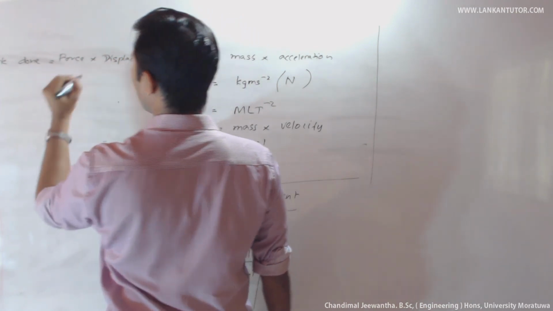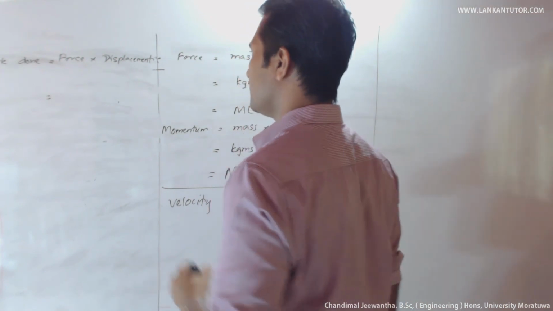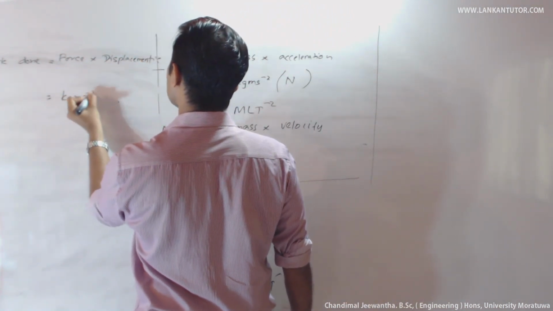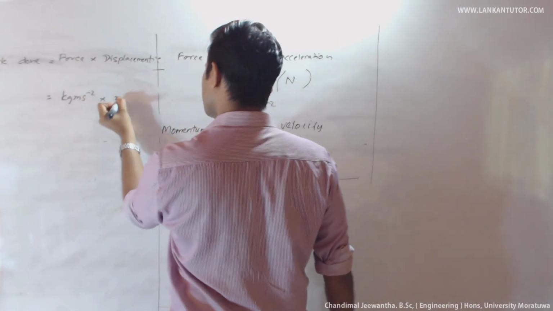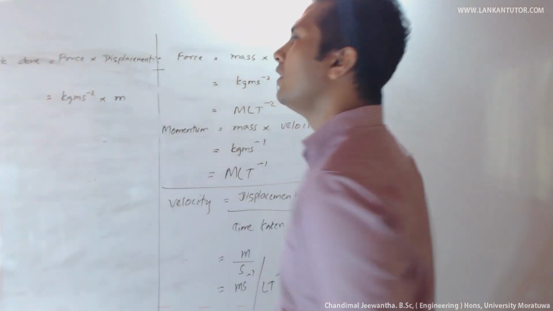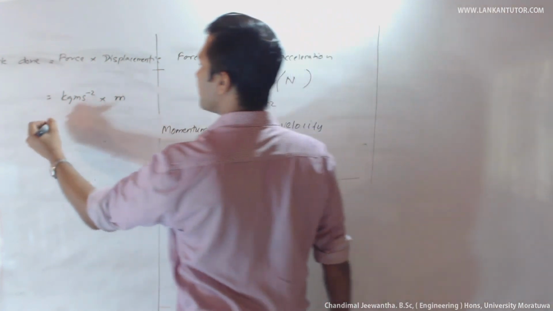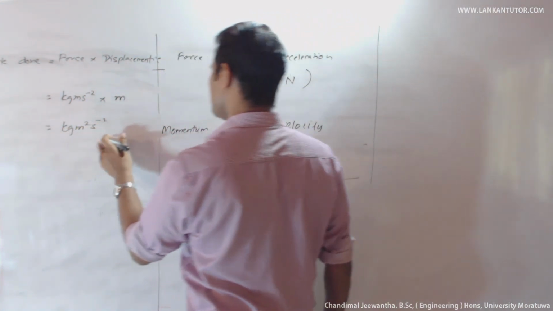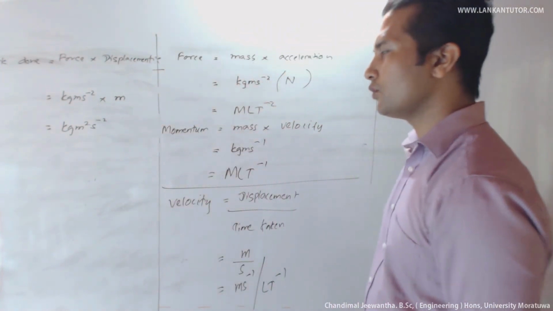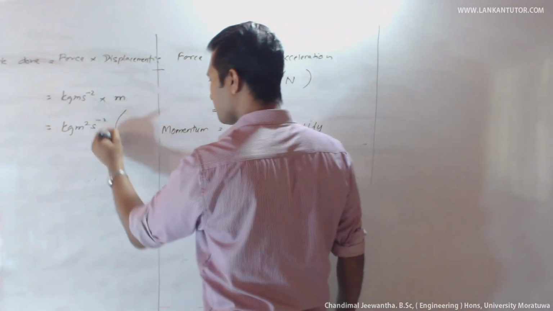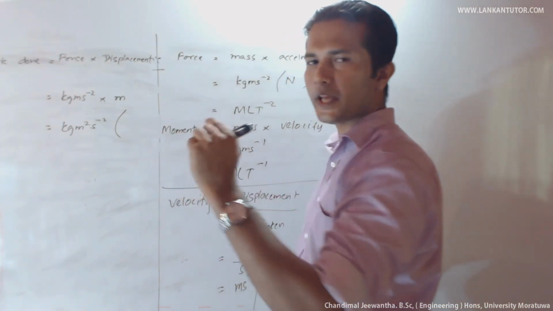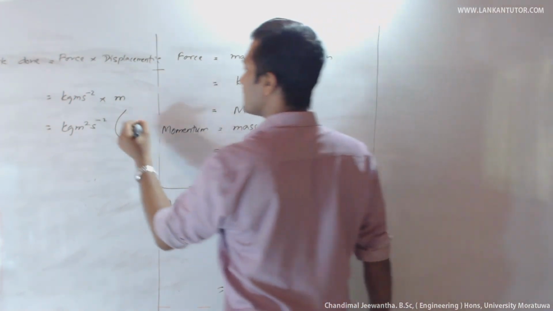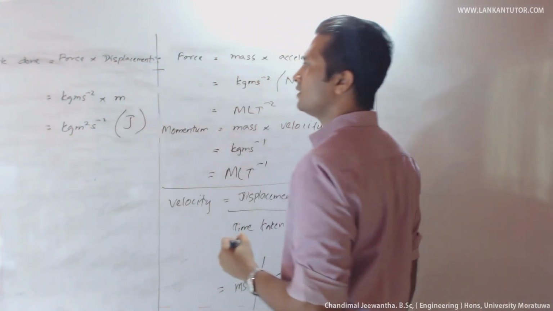Therefore, you can consider the unit of the force as kg m s^-2 into just another simple m. Therefore, it becomes kg m^2 s^-2. That is the unit of work done. Instead of this kg m^2 s^-2, you can use capital J as well. That is called joules.